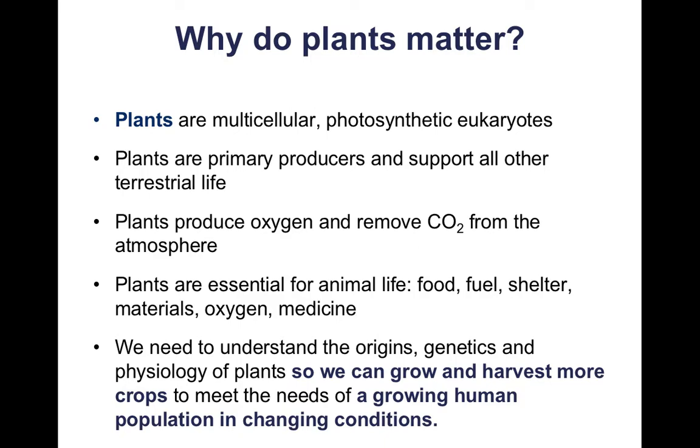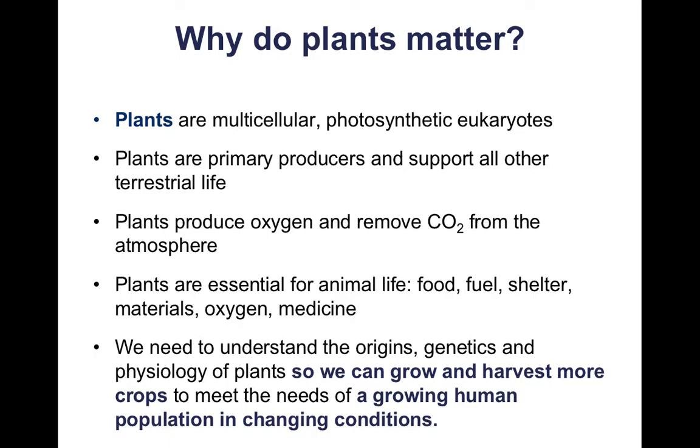And we need to understand how plants work, how plants have evolved, how their physiologies have evolved to balance out the need for carbon dioxide while reducing water loss. These are all really important because we need to grow and harvest more crops.